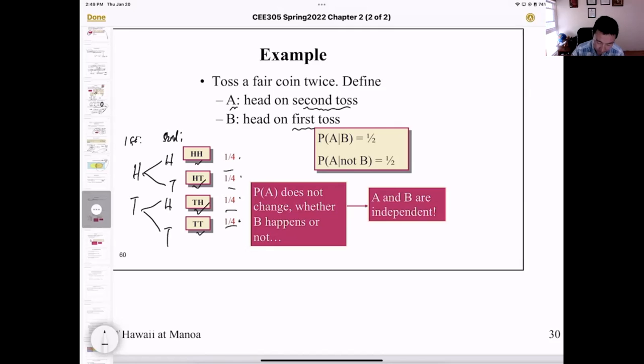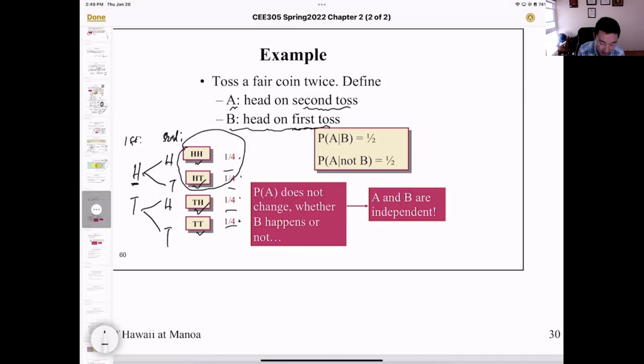All right, so let's check if events A and B are independent. P(A given B). Given B, what is B? B is we have a head on the first toss. So these two outcomes belong to B. What is P(A)?